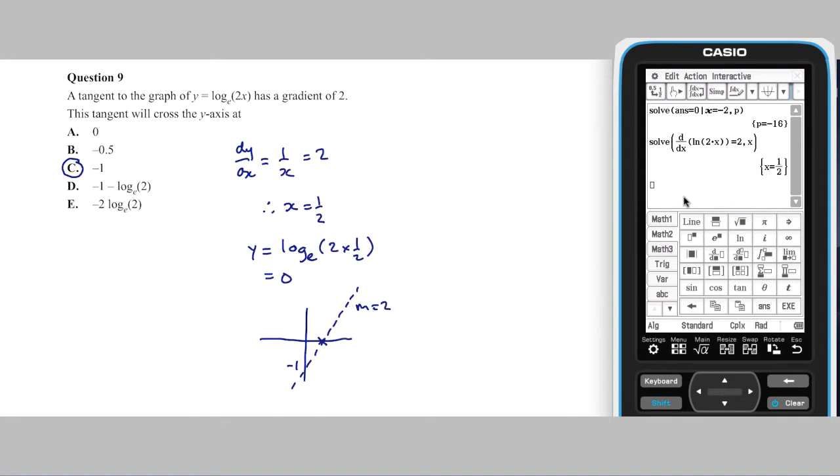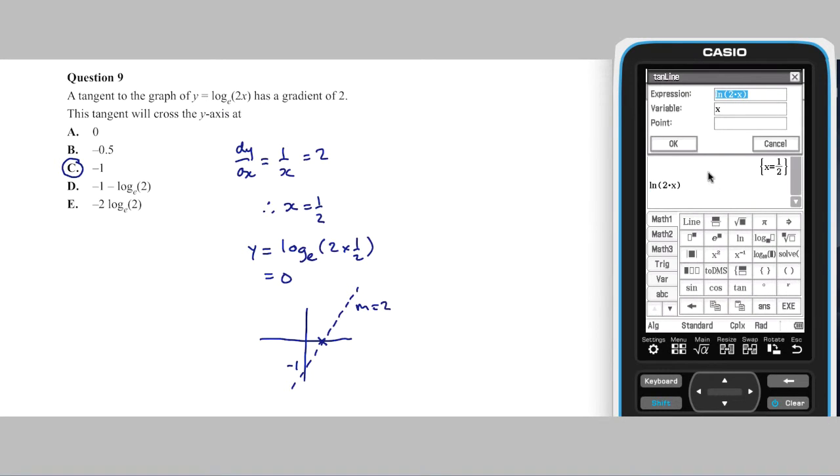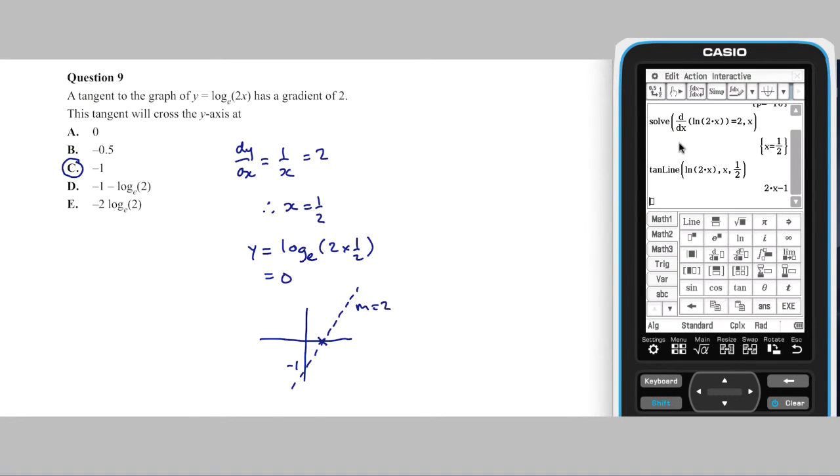With this result, we can obtain the equation of the tangent line. From the equation of our tangent line, we can see the y-intercept will be minus 1.